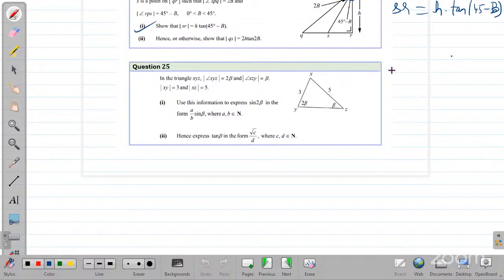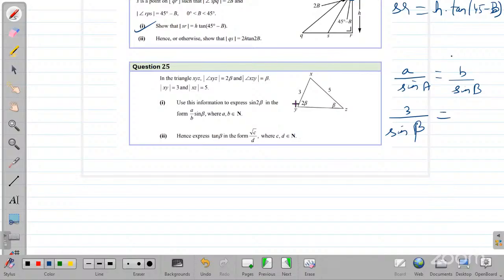I'll just do it here itself. So we can apply the sine rule. Do you know what the sine rule is? A over sine A equals B over sine B equals C over sine C. So I'll take the side as 3. So 3 divided by sine beta equals 5 divided by sine 2 beta.